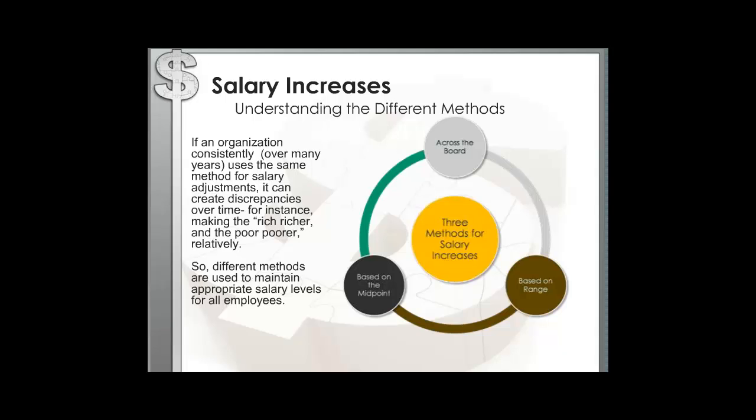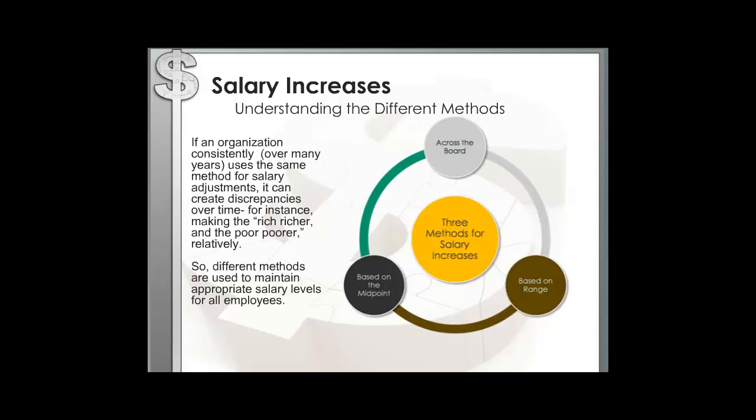So they're going to look at the highest paid custodian, average that salary with the salary of the lowest paid custodian, whatever that comes out to be, say $20,000, which is kind of high, but that average, then they would give 3% of $20,000 to all custodians, which would mean that the custodian with the higher salary is going to make less than a 3% raise, and the custodian with the lowest salary is going to make a more than 3% raise.